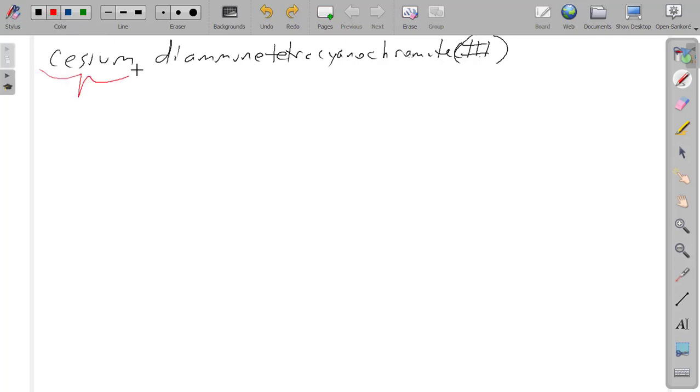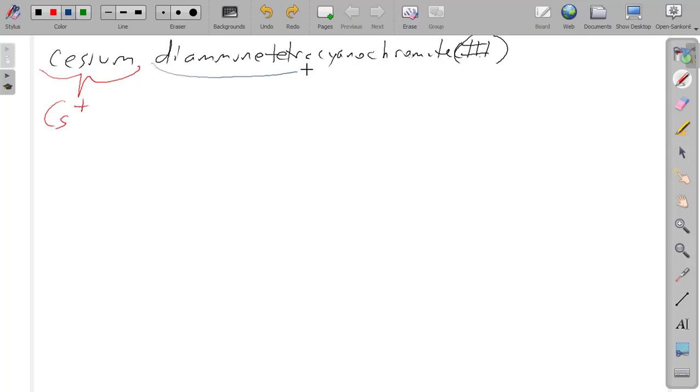Outside of the sphere, the cesium, Cs, cesium is an alkali metal, and therefore it's going to have a 1+ charge. So we'll have to figure out how many of those we'll need in a minute.